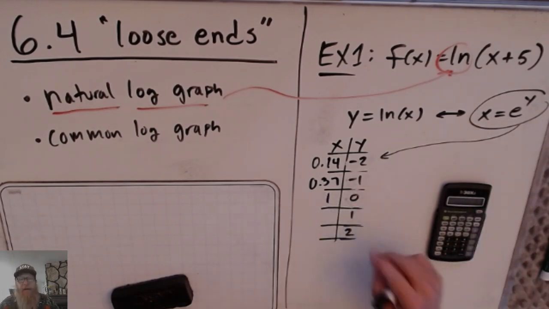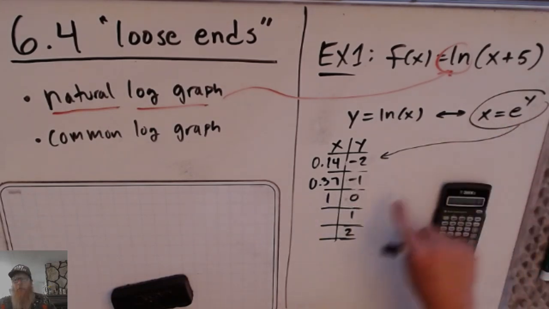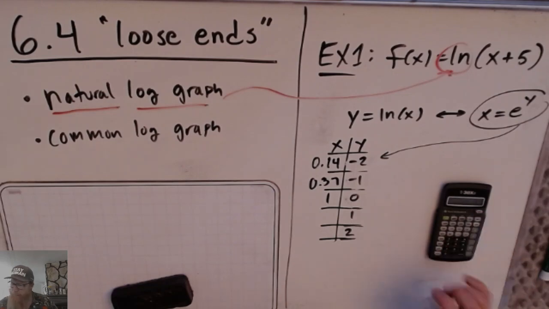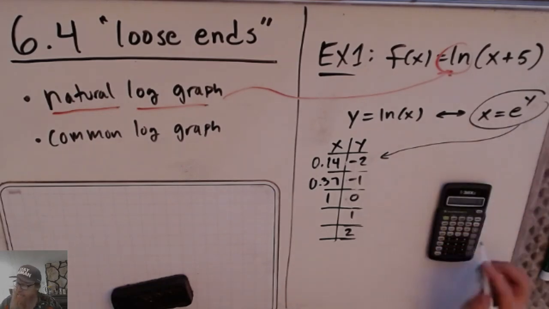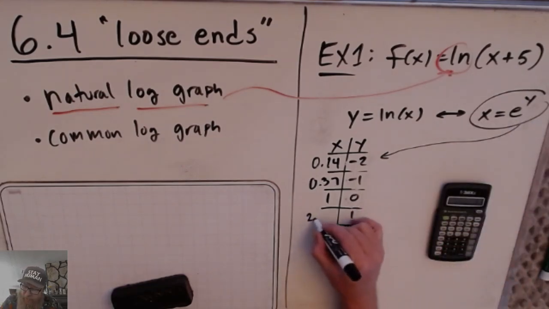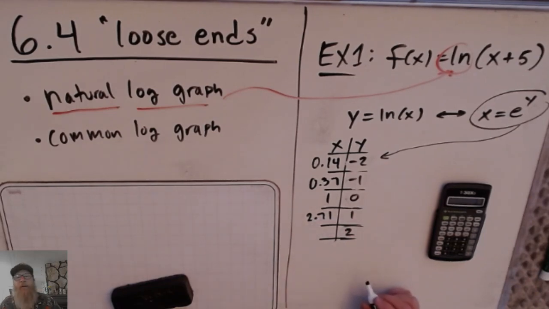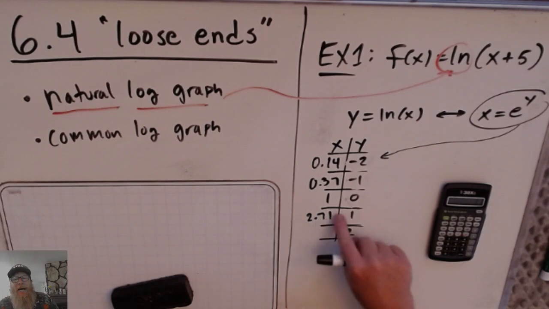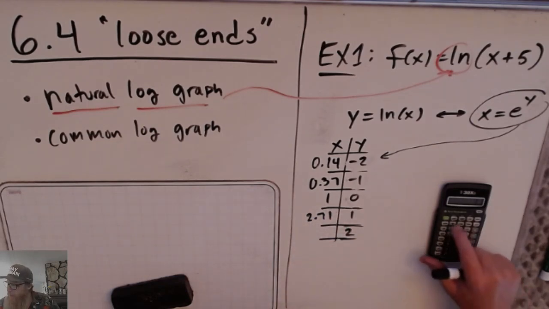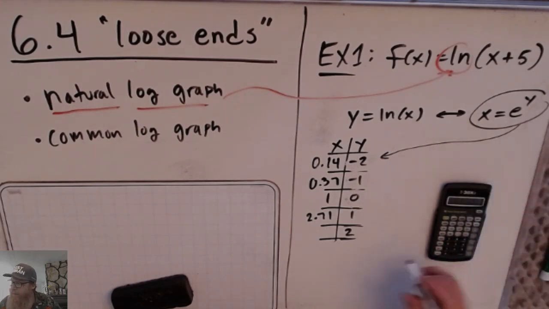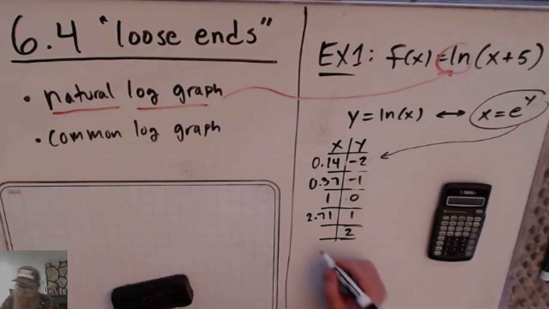This one you could do in your head: anything to the 0 power is just 1. e to the 1 power is 2.71. Technically it's 2.72 if you round it, but I always memorize it as 2.71, so let's just leave it that way. And then e squared, 7.39.